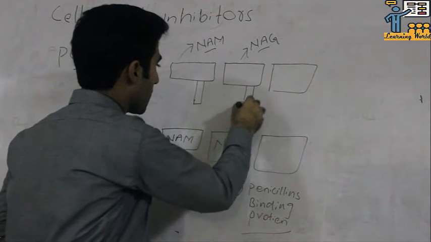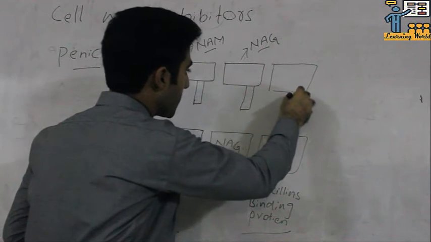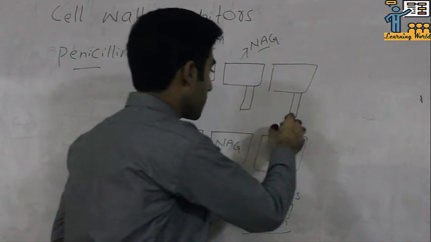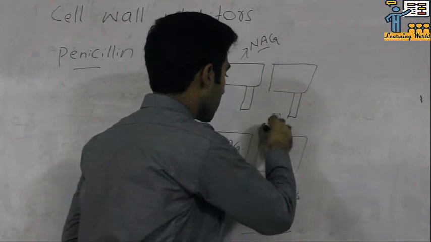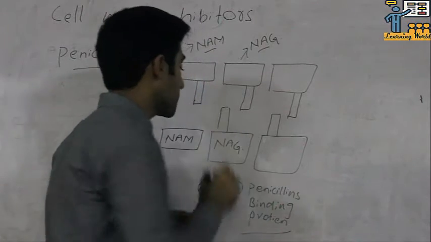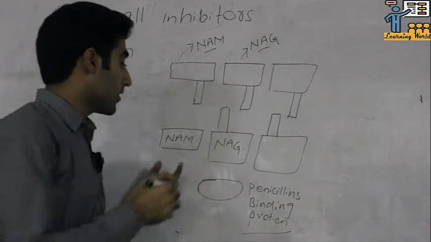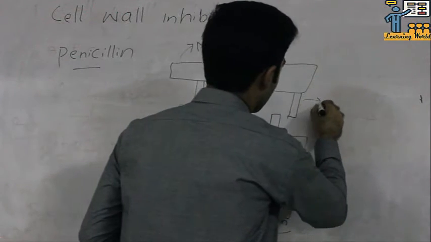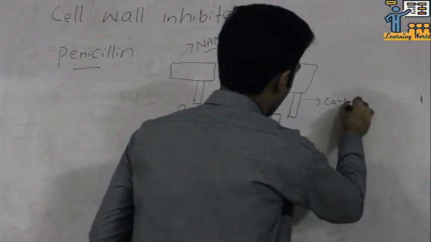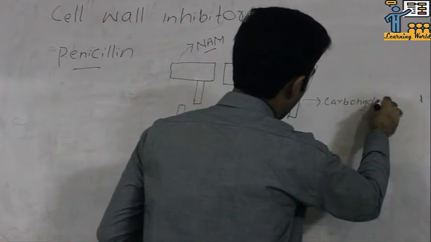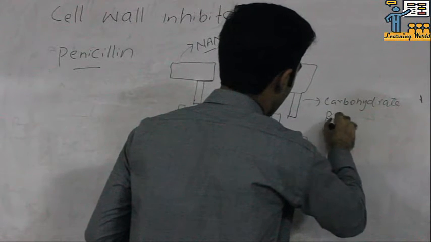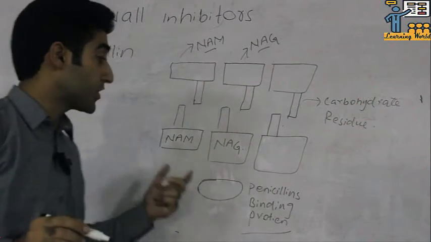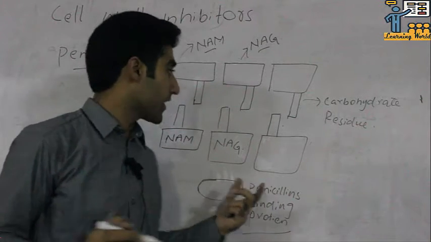These are carbohydrate residues arising from the N-acetyl glucosamine and N-acetyl muramic acid, and also from the lower side of the NAM and NAG.